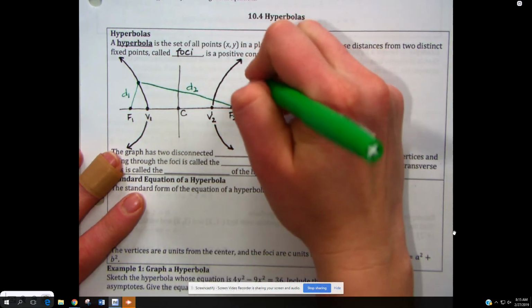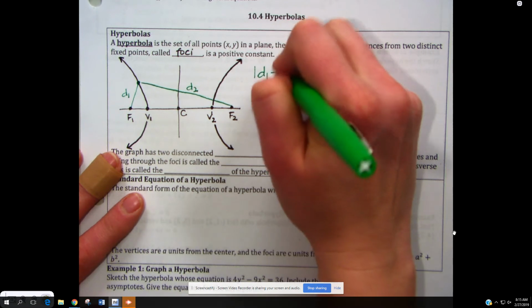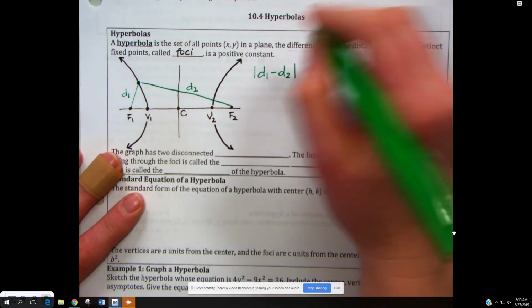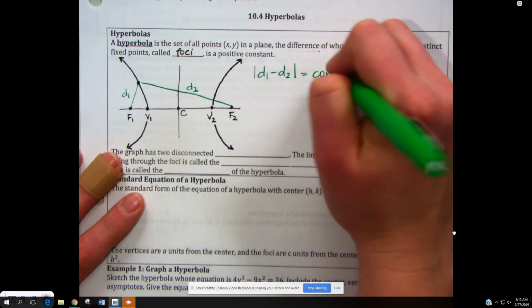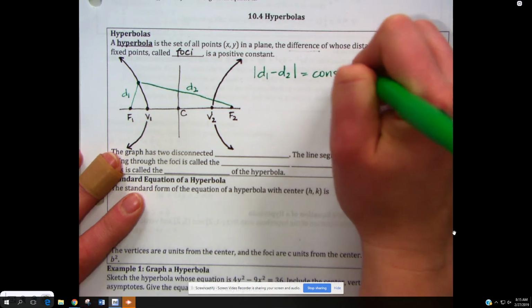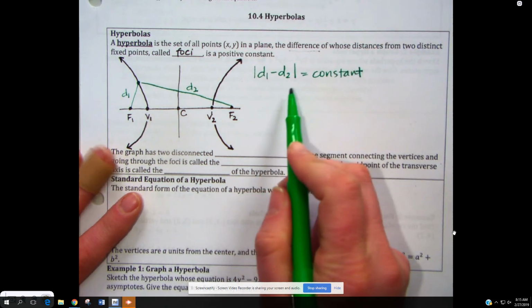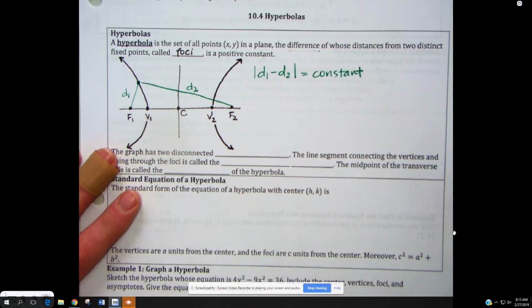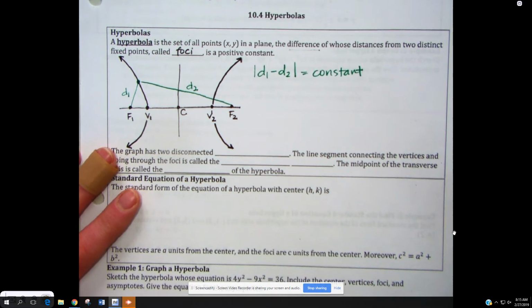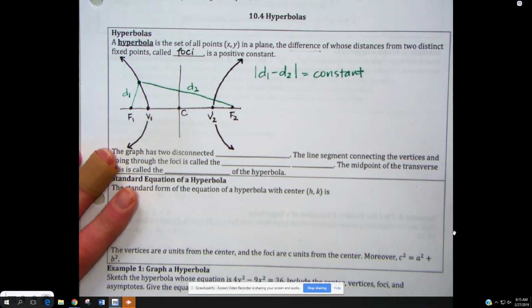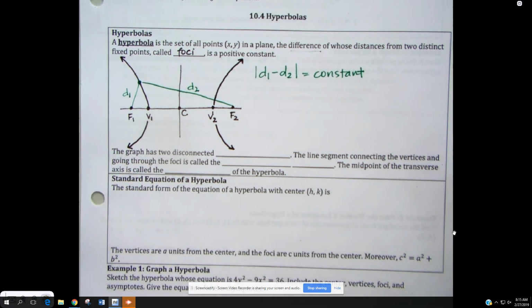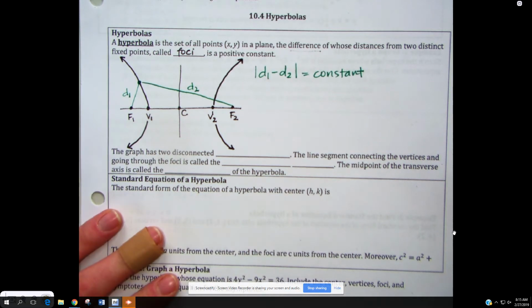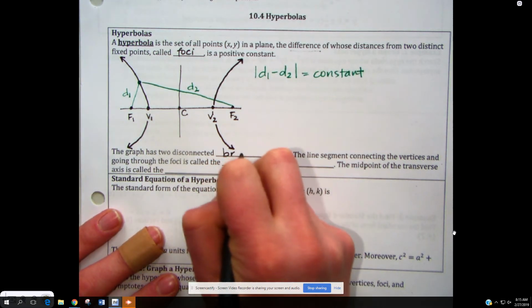The absolute value of distance 1 minus distance 2, so the other order doesn't matter, is equal to a constant. In the ellipse, it's their sum that's a constant. Here, it's the difference between them. So you could measure them, find the difference between, and that would give you the set of points that makes your hyperbola. We talk about the graph having two disconnected branches, not rocks, branches.